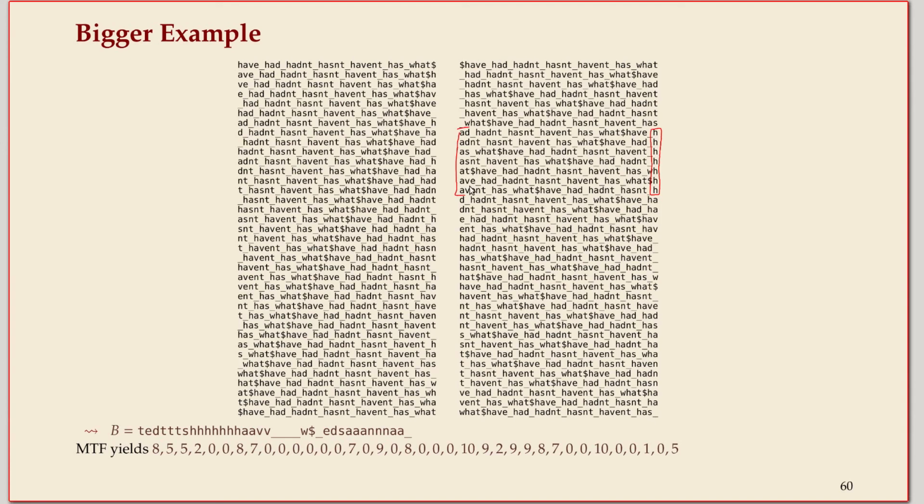It could have happened that there was another character inserted into here between those, splitting this run of H's into two, if there had been another character that precedes A at some position.